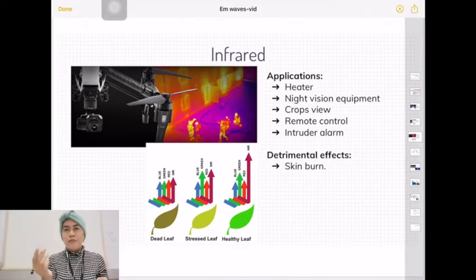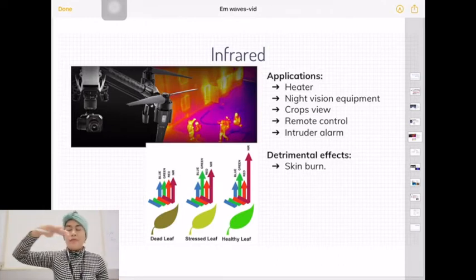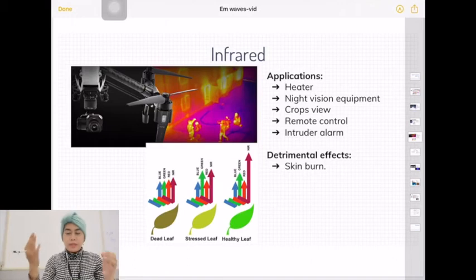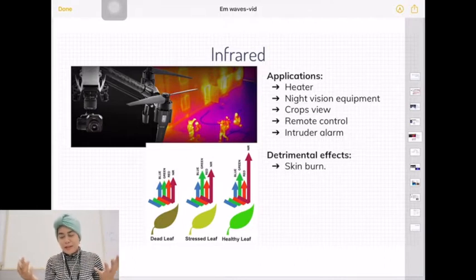And also for crop viewing, this will be placed on a helicopter, and you will go through forest areas and capture the infrared picture of the crops. So if the crop reflects a lot of near infrared light, it will appear as a certain color, usually red, which means that those leaves are healthy.